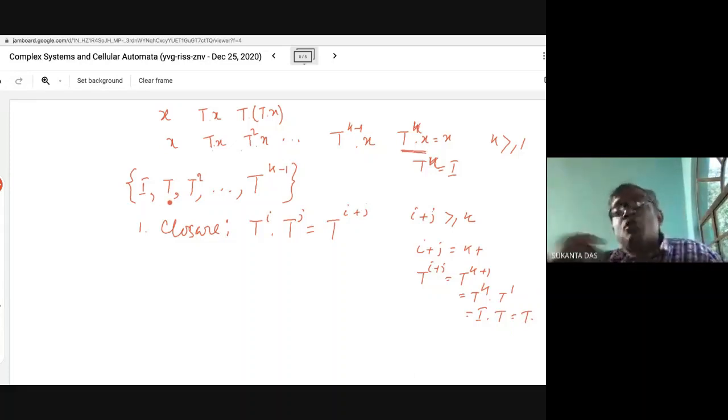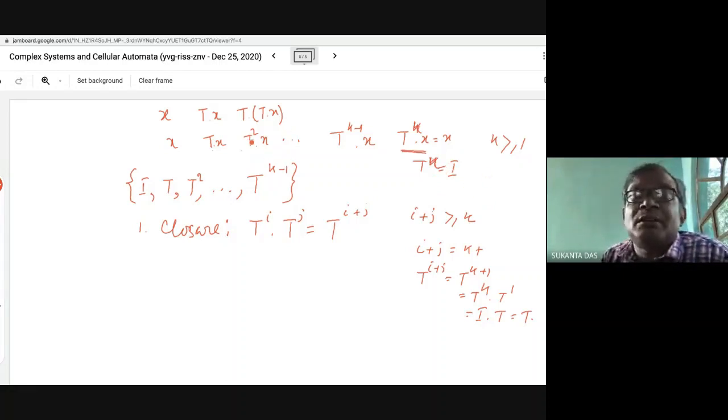So here a modulo operation is there, because T to the power k is I, T to the power k plus 1 is actually T, T to the power k plus 2 is actually T squared, and T to the power k plus 3 is T cube, in this way. Therefore it follows the closure property, right?